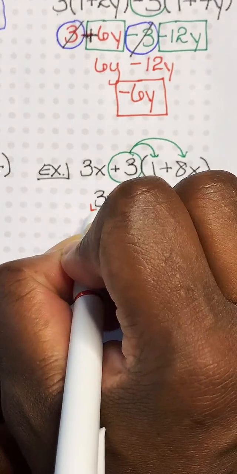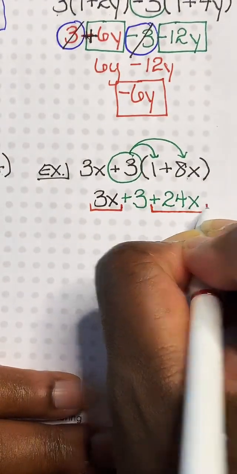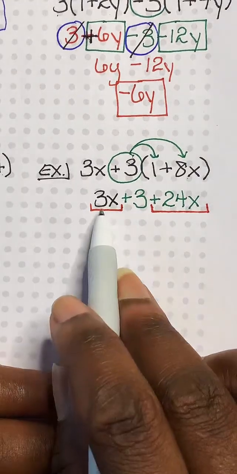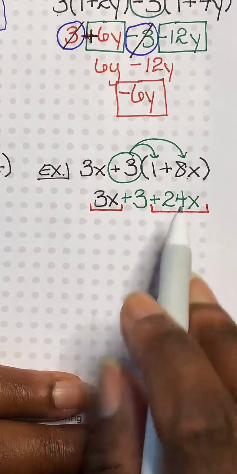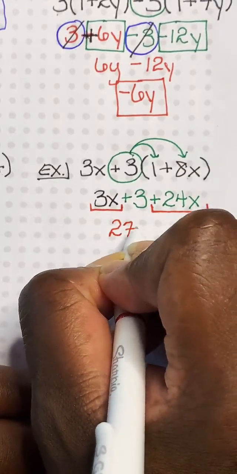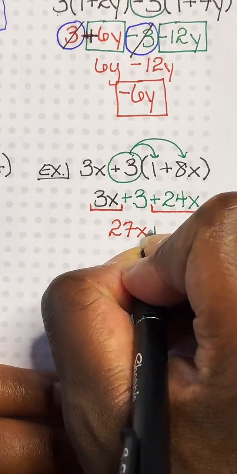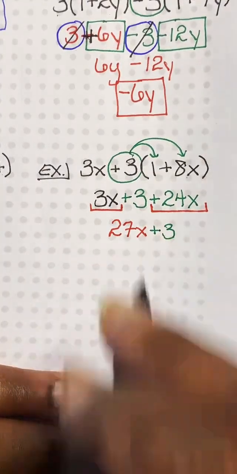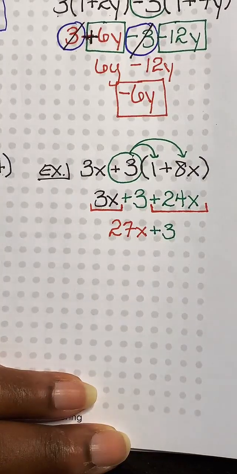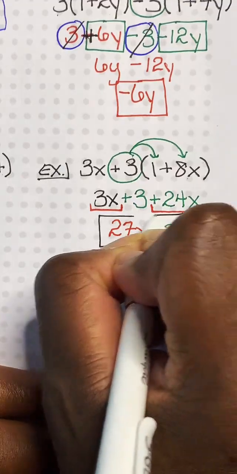Here they are. We have 3x and we have a positive 24x. Those are like terms. So that will give me my 27x, and then I can bring down the plus 3. And this is our answer.